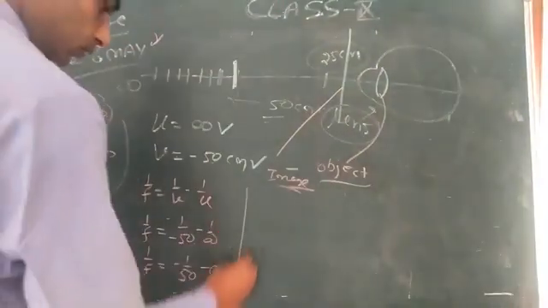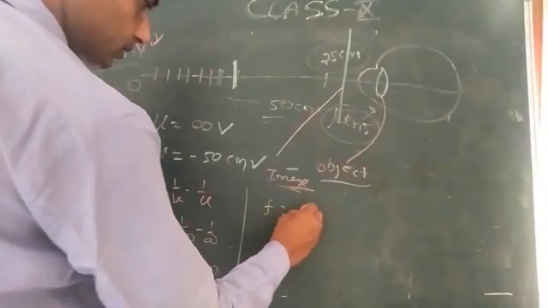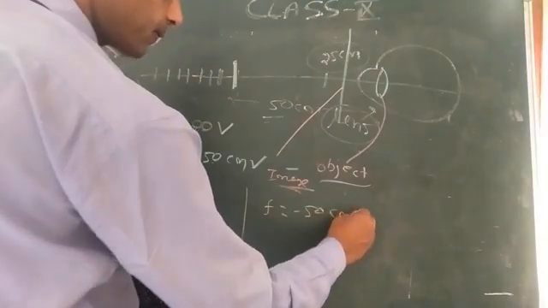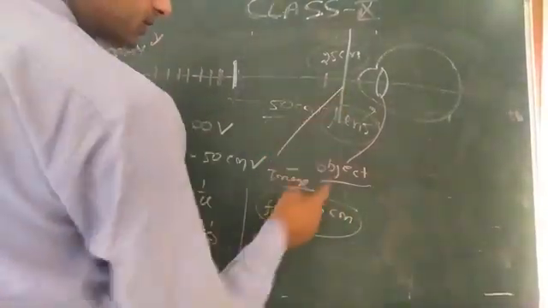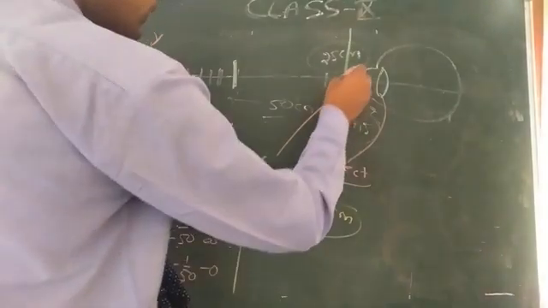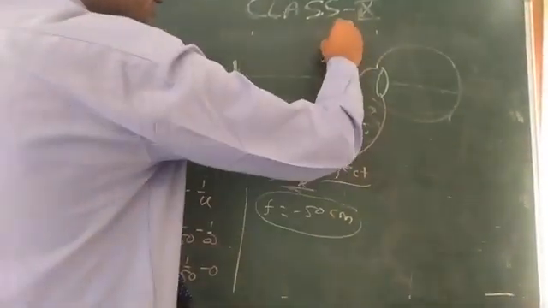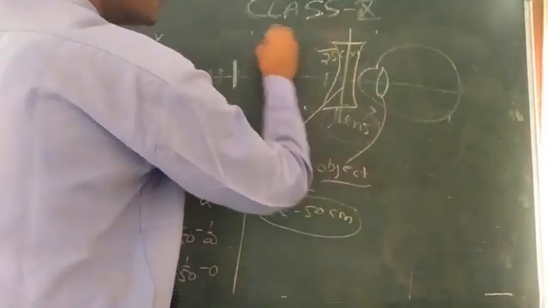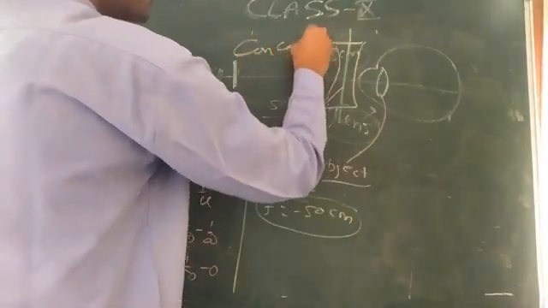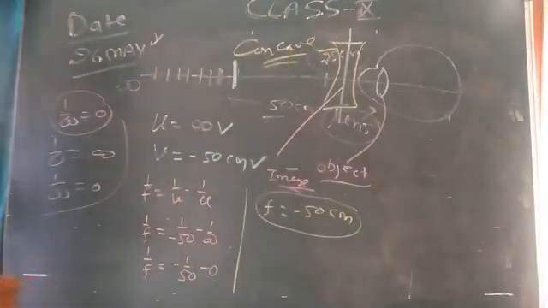So f equal to minus 50 centimeter. It means the focal length of the lens is minus 50 centimeter, and the negative sign indicates that this is a concave lens.